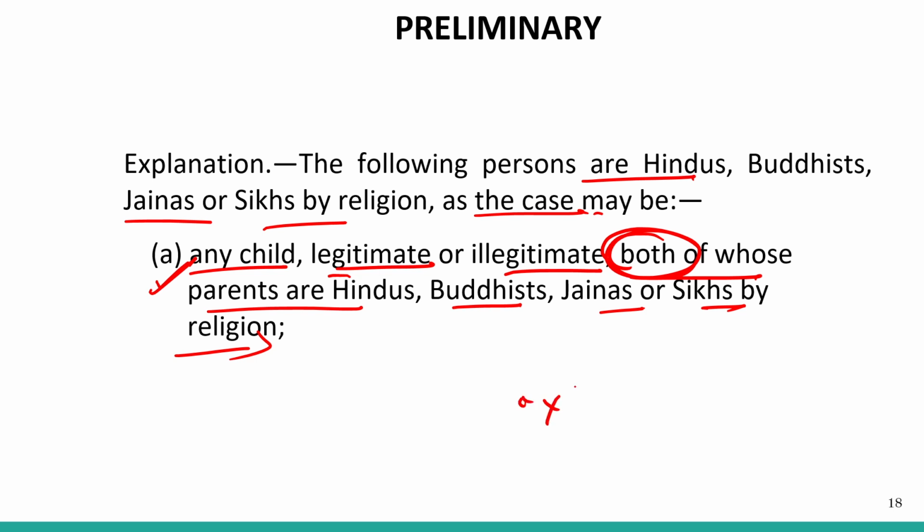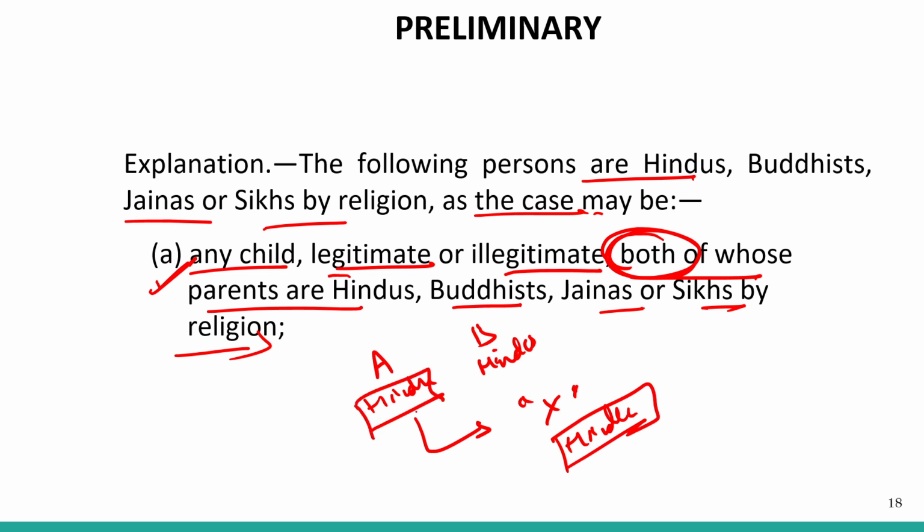There is one person X who happens to be the son of A and B, both being Hindu. Then by default, X will also be a Hindu. If both A and B are Jain, and let's take an example, one is Jain and another is Hindu, then again it will be considered that X is a Hindu.